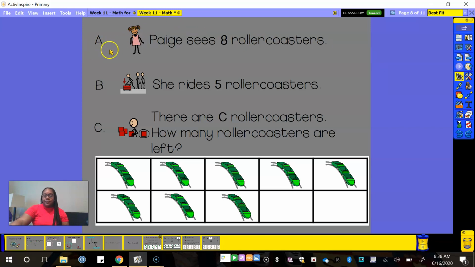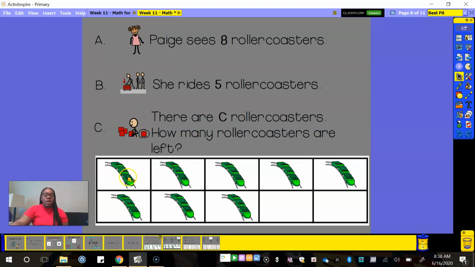So here's A. Paige sees 8 roller coasters. How many did she see? 8. Good job. So we have a tens frame at the bottom of our page. And it said that she sees 8 roller coasters. So we need to count to make sure that all 8 roller coasters are there.